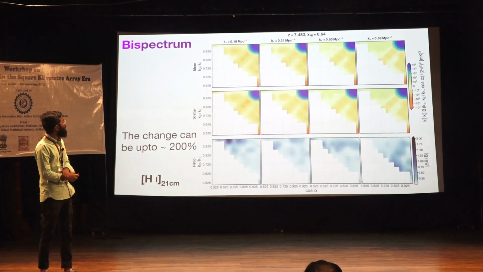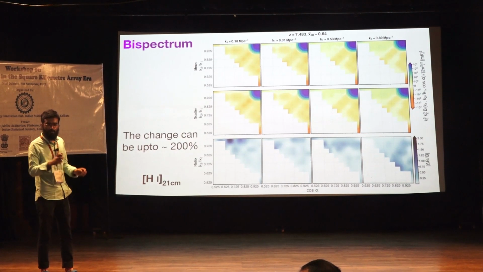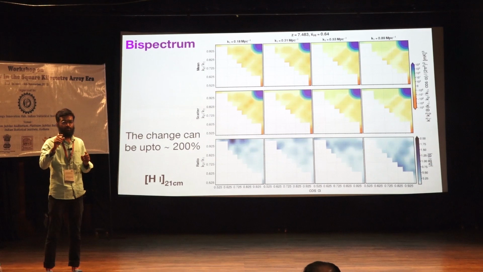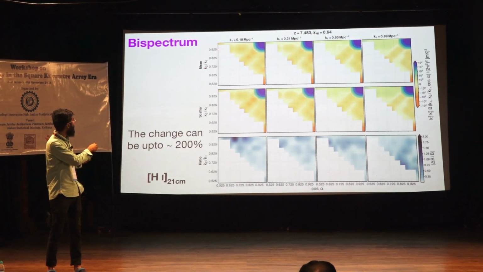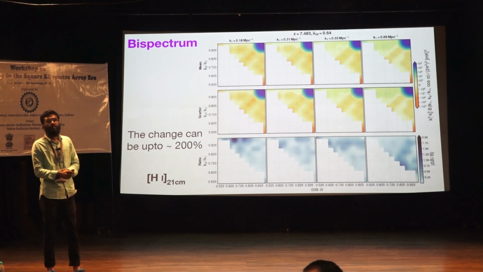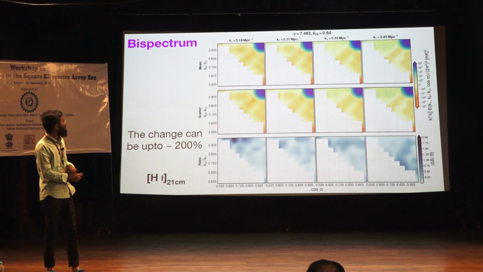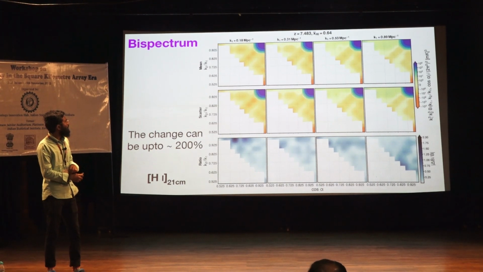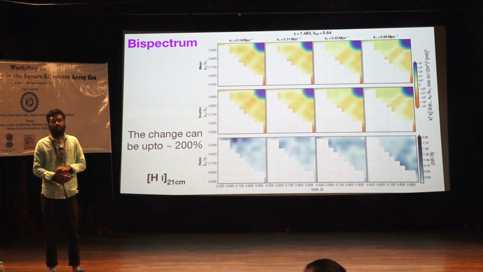Yeah, because this corner actually represents the squeezed limit triangle, where k2 by k1 is almost 1. Yeah, that I understand. Can we extract any physics or any physical process from it? In principle, it might be possible. Yes, we have to study that.